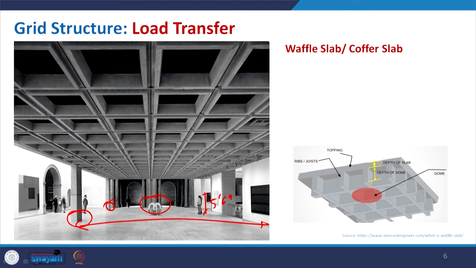So, this will have a good span supported with the waffle slab, also sometimes referred to as the coffer slab. Any load given on it will be distributed through this particular support and at the end, and the more efficiently you make the grid, the more efficient the distribution will be.